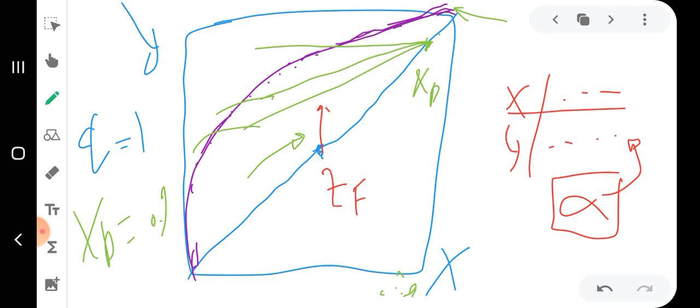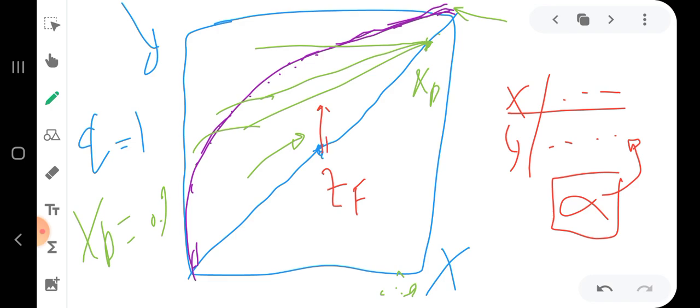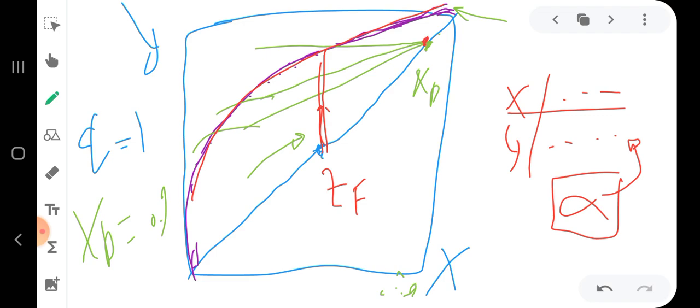So let's extend this Q line until we reach the equilibrium curve, and see which line intersects this Q line and the equilibrium curve, and originates from this XD. Is it the first line or the second line or the third line?